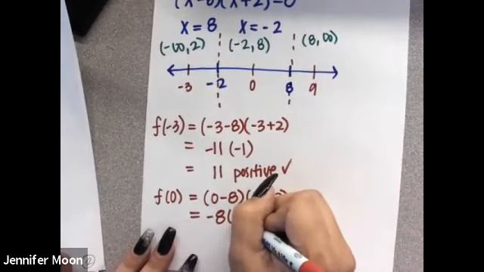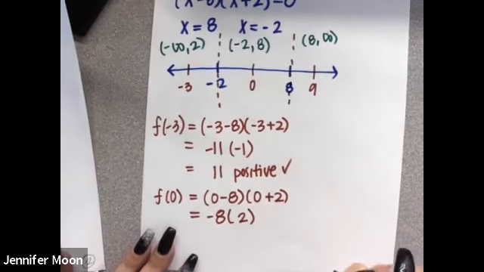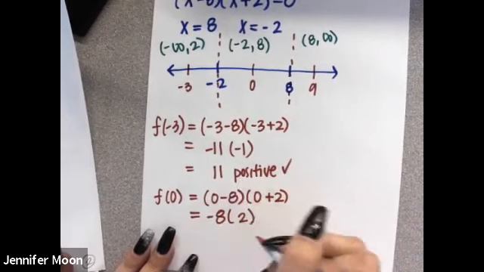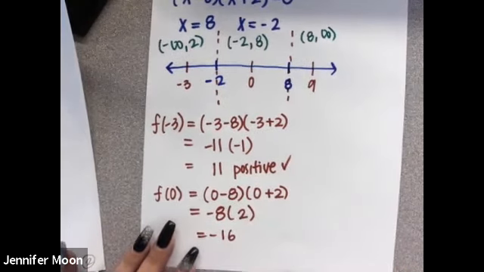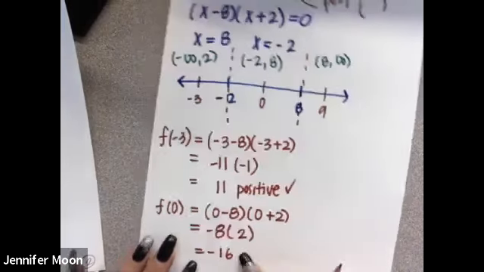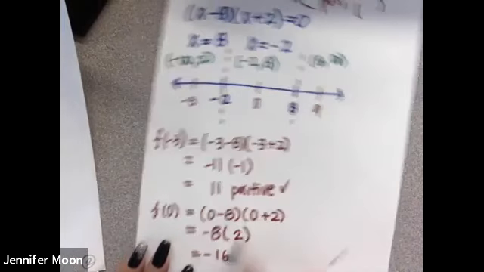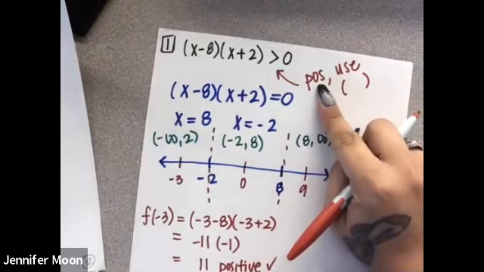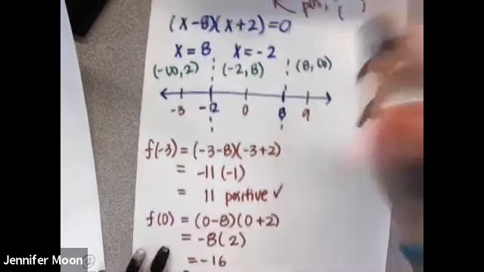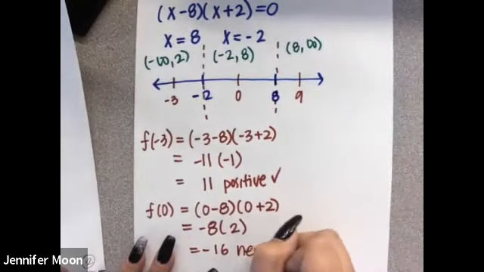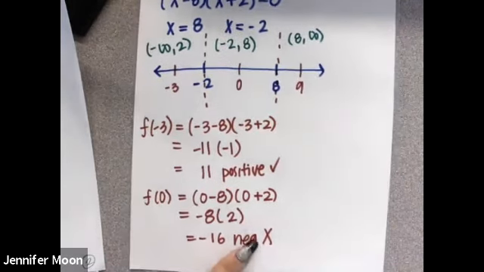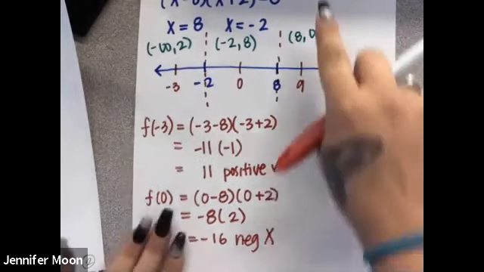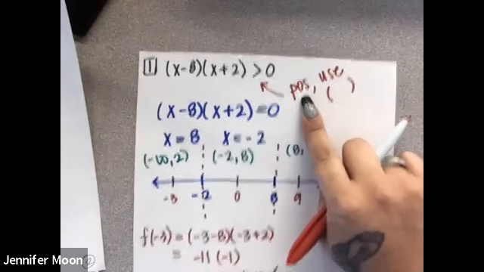These signs are the same, so you just add them and keep their sign. 8 times 2, 16, signs are different, so it's negative, right? Okay, does this negative match the fact that we're looking for a positive? It doesn't because it's negative. So you could write negative if you want to, or you could just do an X. That would not satisfy this inequality because I'm looking for positive values.